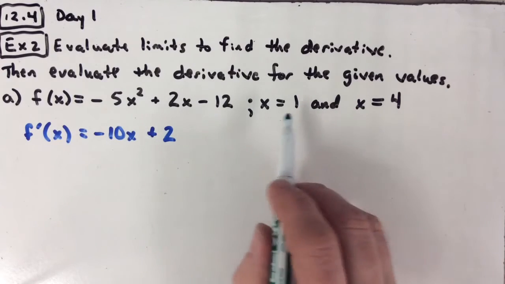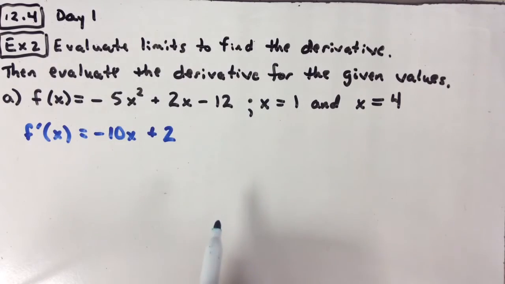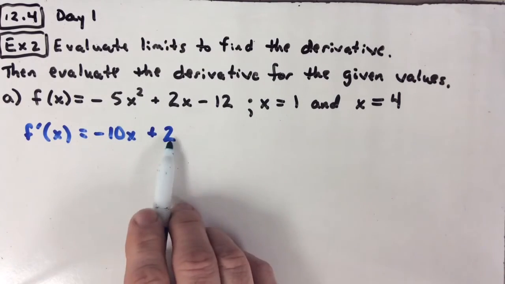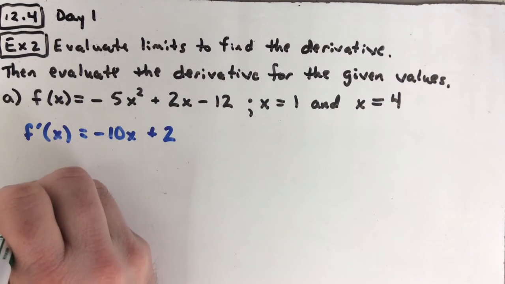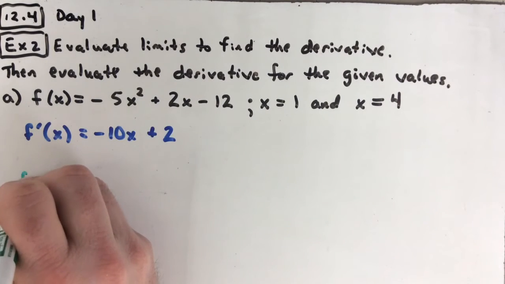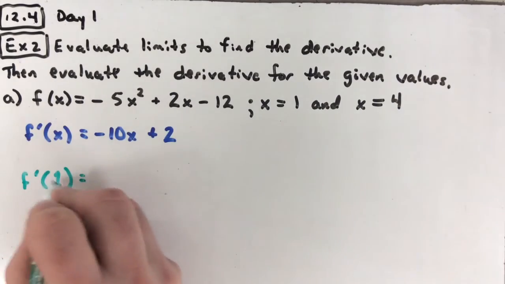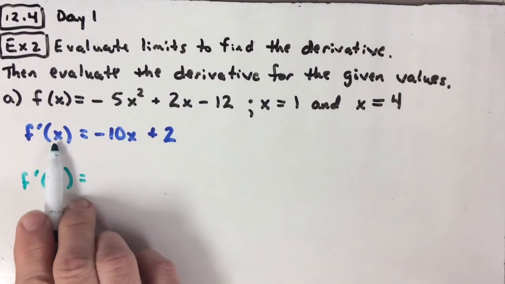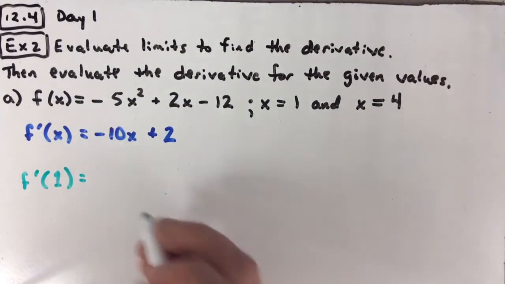So to finish this up, we need to calculate what this formula is when x is 1. So here's our general formula, and now we're going to see what happens when x is 1. What we're going to be calculating is f prime of 1. We're taking 1 and plugging it in for x. So that becomes f prime of 1. And we plug the 1 in here too.